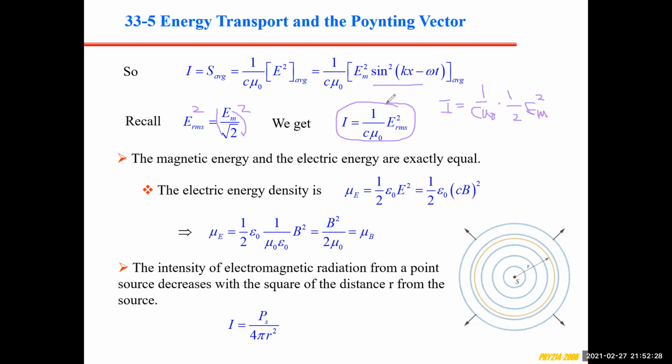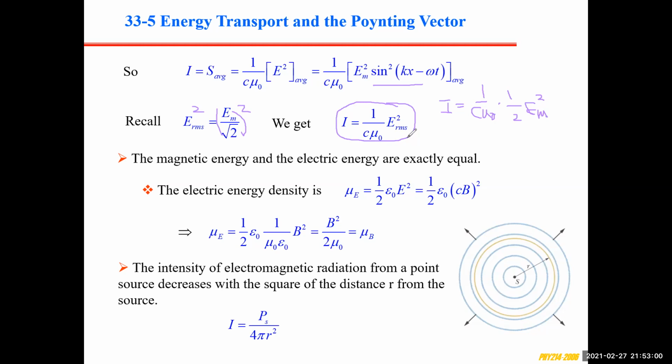Okay, so this tells you that when you have an electromagnetic wave propagating through space, it's going to carry energy, and this is the rate of energy transport per unit area. And if you remember, back in physics 212, when you learned electric field and magnetic field, we know that each of them is going to store energy.